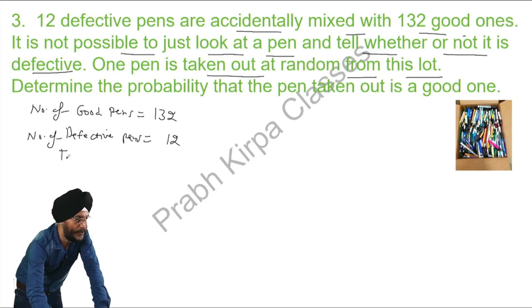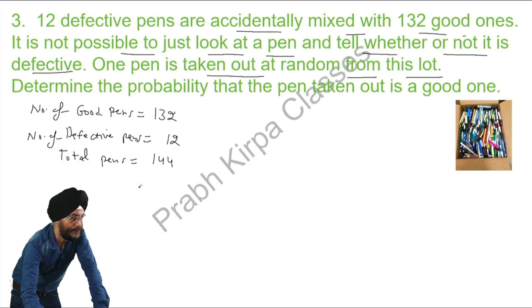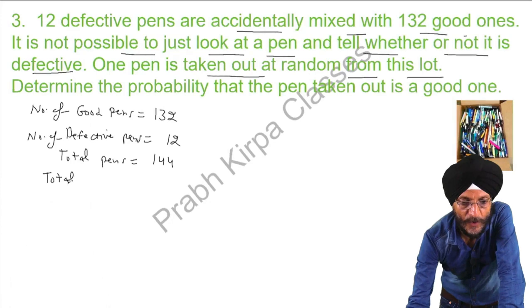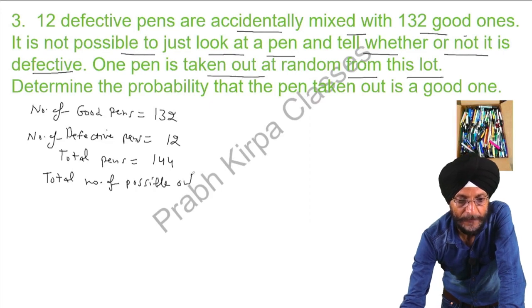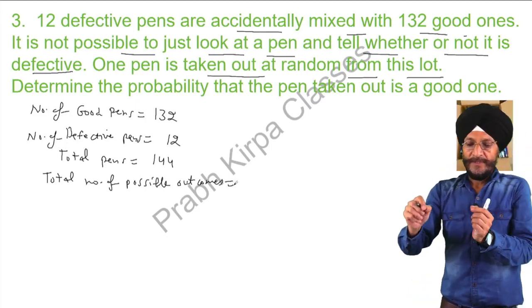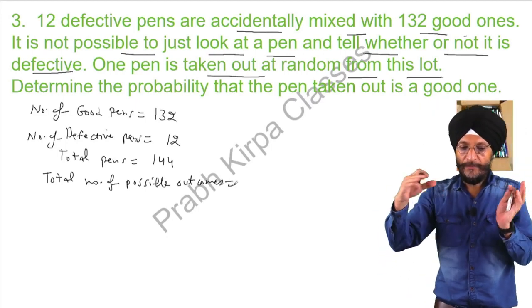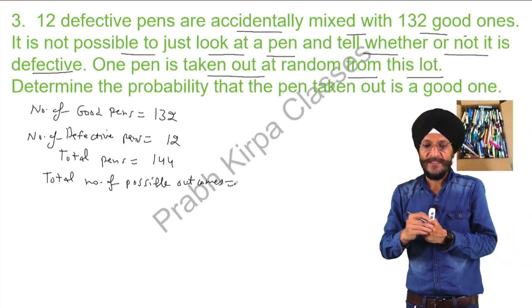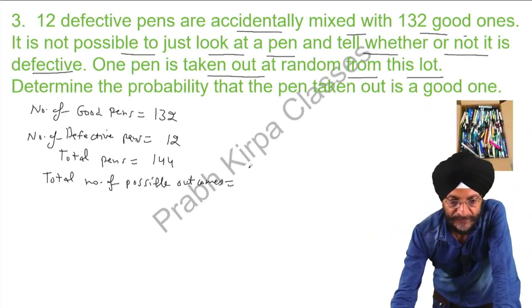So how many total pens are there? The total pens are 144, or we can also write it as the total number of possible outcomes. That is, if we start picking one pen turn by turn, there will be 144 instances that we can pick up a pen.